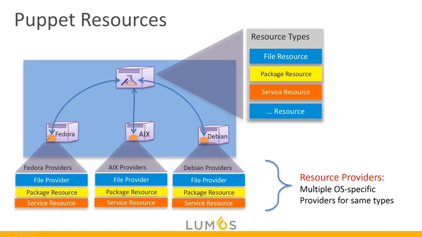So then the agents essentially go through that four-step stage that we just talked about, and they send their facts, and then they get their manifest, their desired state or configuration essentially, and then they apply that.